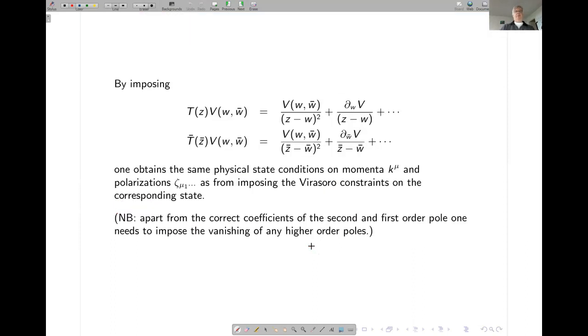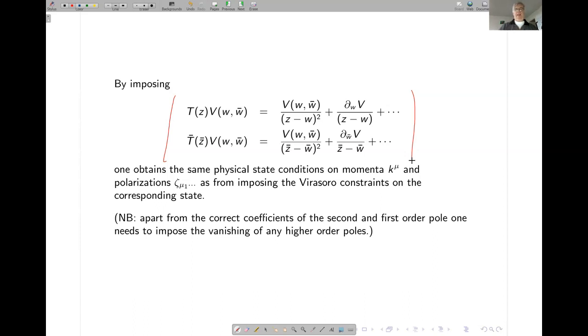And this logic can be reversed. We can say a vertex operator is physical if and only if it has weight (1,1), which means that we have these OPEs between the energy momentum tensor and the vertex operators.